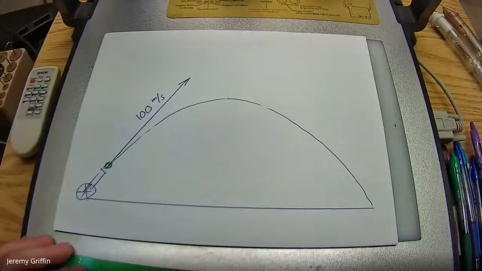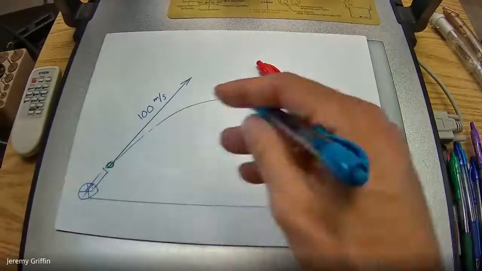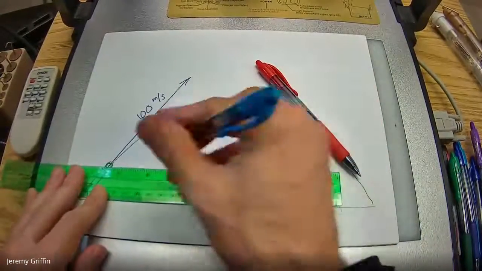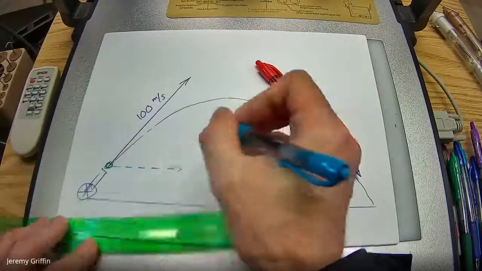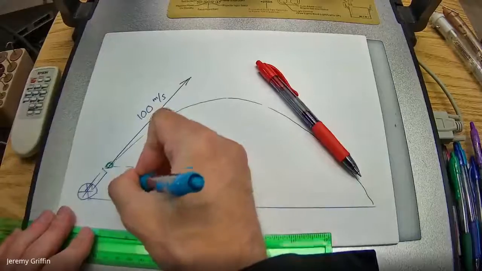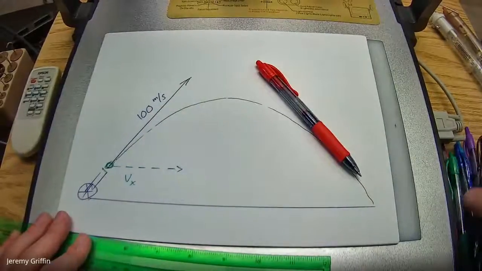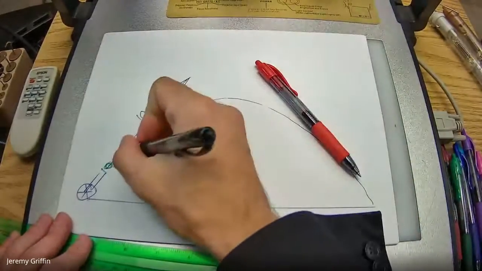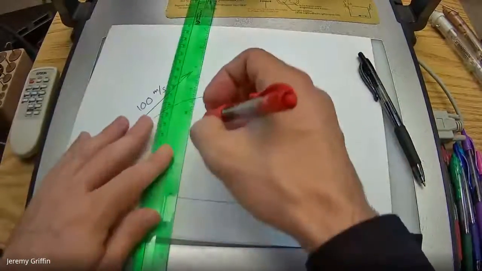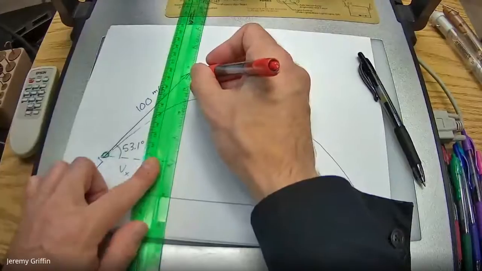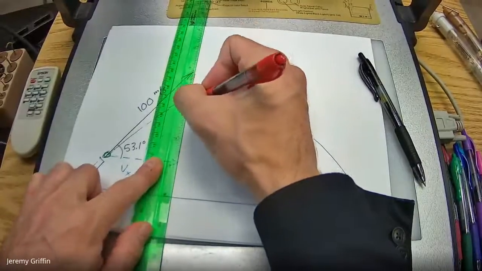Now, on my poster, I'm using kind of a bluish color for horizontal. So it could be like this. Call this V sub x. Oh, don't forget that this is, of course, a 53-degree angle. Okay. And then the upward part, well, on my posters, I've got it sort of like an orange color, so I've got a red pen here.